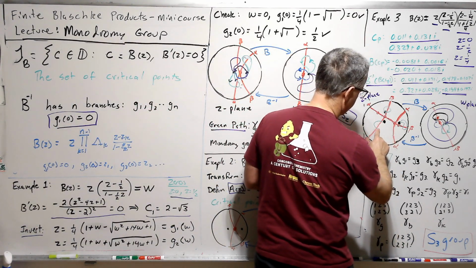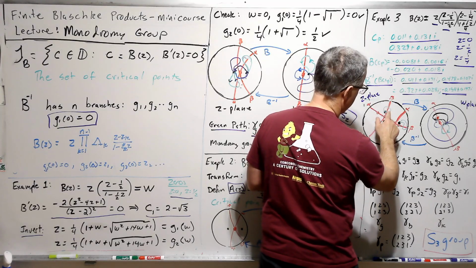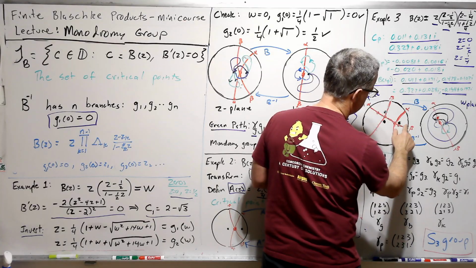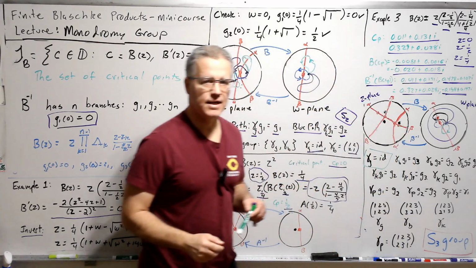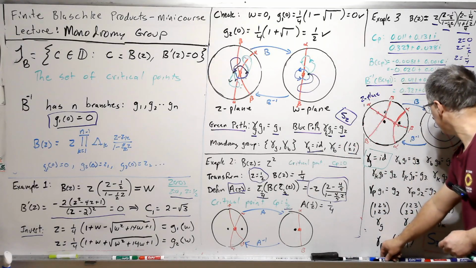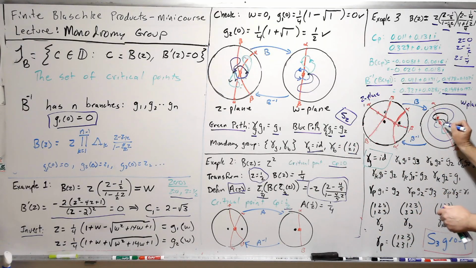I'm going to erase these, otherwise it gets too much on here. So let's do the blue curve now. The blue curve is going to go around in this direction. We'll go through the branch cut, and then come back on a beta branch cut.